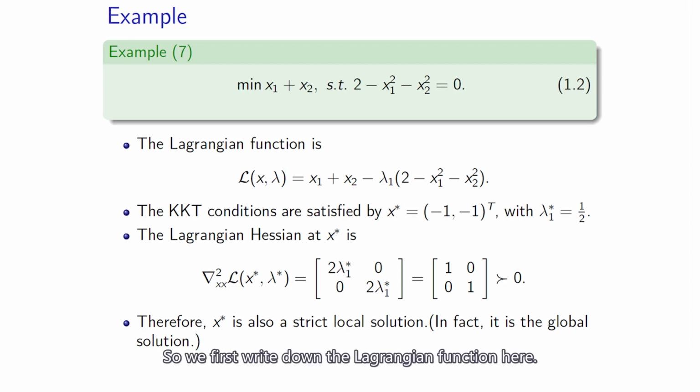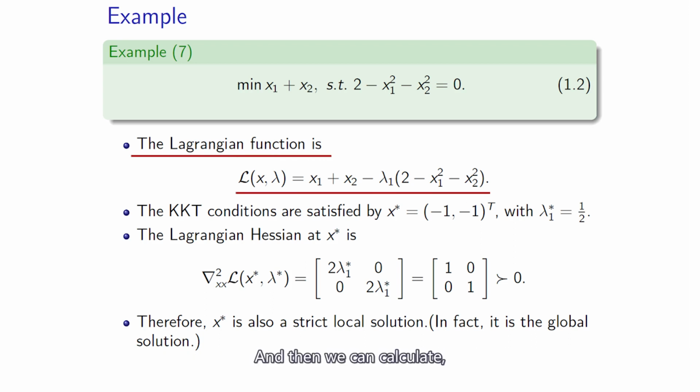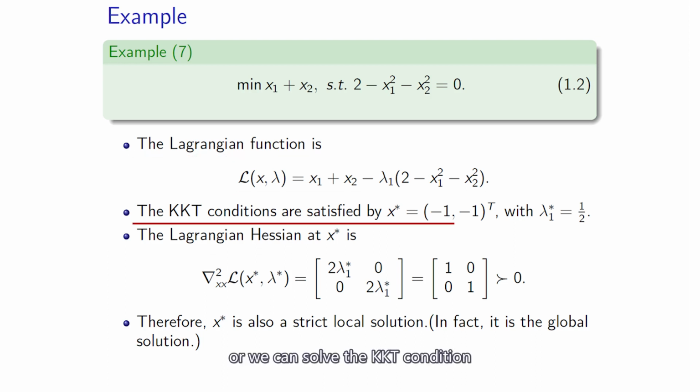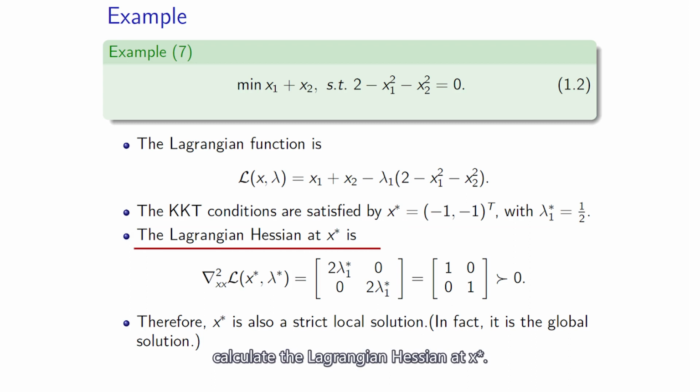We first write down the Lagrange function, and then we solve the KKT conditions to get the stationary point x star with the Lagrange multiplier 1/2. With this x star and lambda star, we can characterize the critical cone, and we can also calculate the Lagrange Hessian at x star.